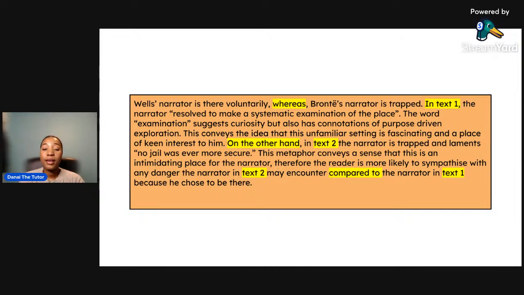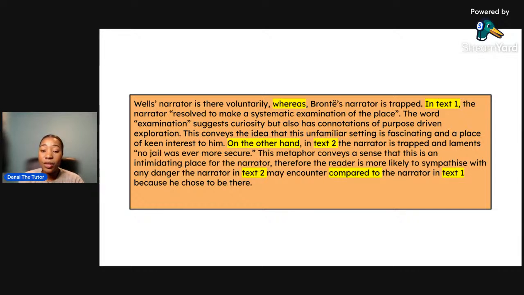On the other hand, in text two, the narrator is trapped and laments no jail was ever more secure. This metaphor conveys a sense that this is an intimidating place for the narrator. Therefore, the reader is more likely to sympathize with any danger the narrator in text two may encounter compared to the narrator in text one because he chose to be there.